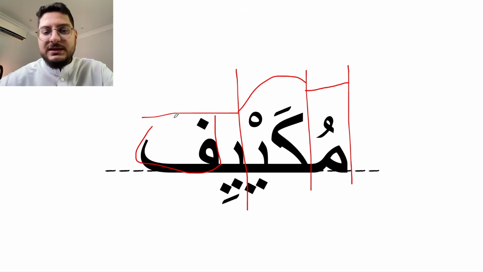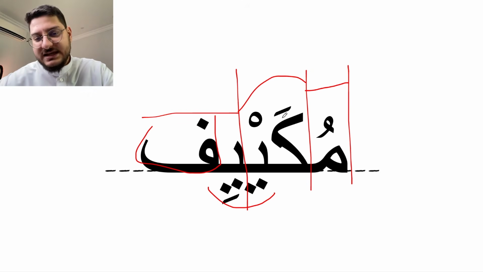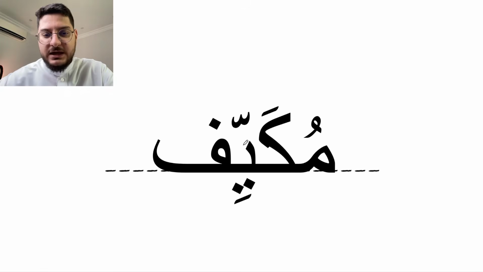So, mukayyif. Now again, notice, we have the ya here doubled, once with the second syllable and once with the third syllable. So, we will not write two ya, and instead we will just have this shadda here on top of the ya. Tamam? And then how do we split this word into syllables? The regular vowels will just be treated regularly.